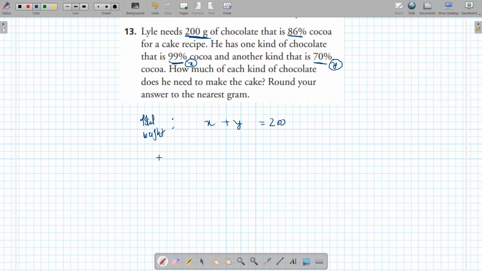Now the next one is tricky. This one's the percentage one. What is this equation?